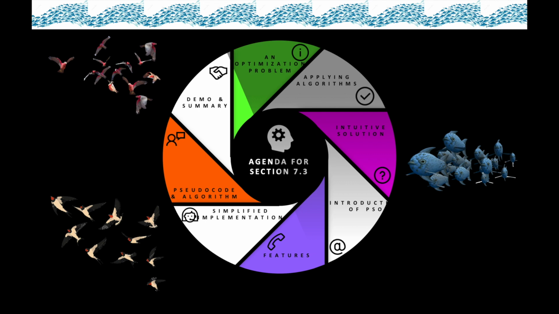Then we'll try to find the simplest intuitive solution that might come to your mind, and while discussing that intuitive solution, you'll realize that the problem was really easy to solve if we had already used this technique earlier. This will then bring me to the introduction of the particle swarm optimization algorithm, or PSO as it is called.